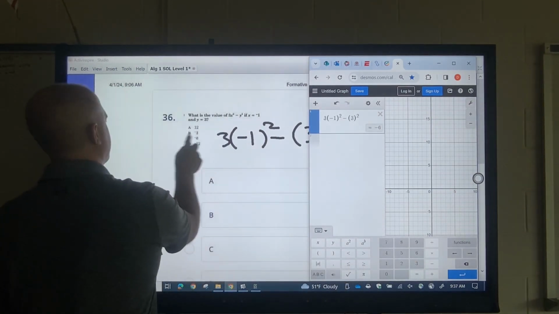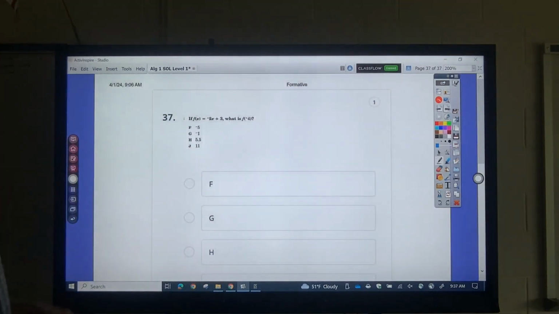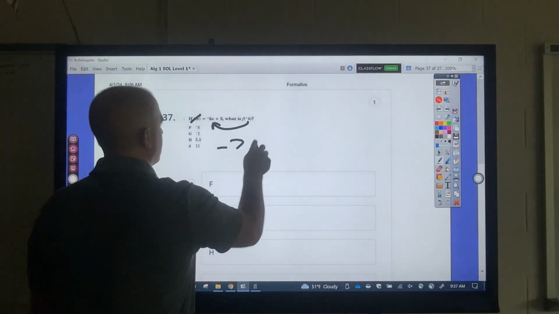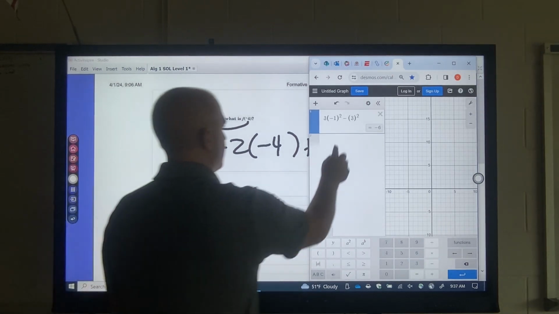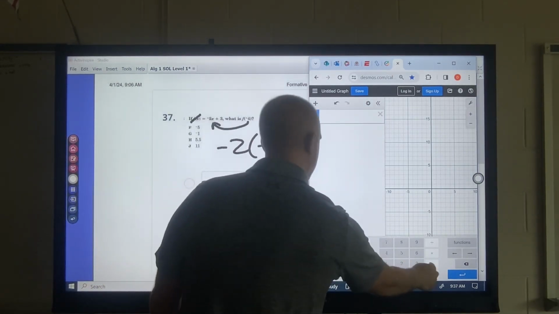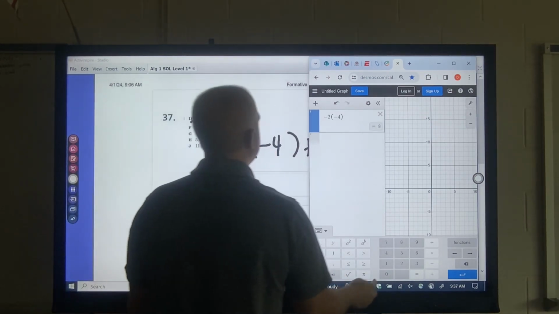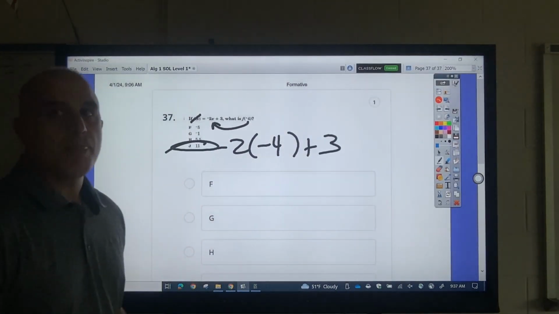That's going to be negative 6. And then the last question, f of negative 4. I'm just going to put that in there. This f of x doesn't matter. I got to put that in there with parentheses, so make sure you use your parentheses. The big thing is if you have a squared, that goes outside the parentheses. That's 11. Okay? All right?